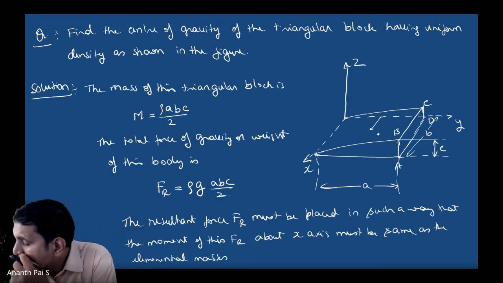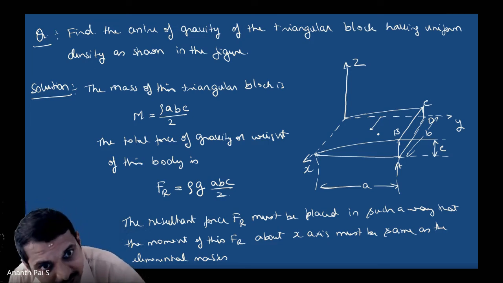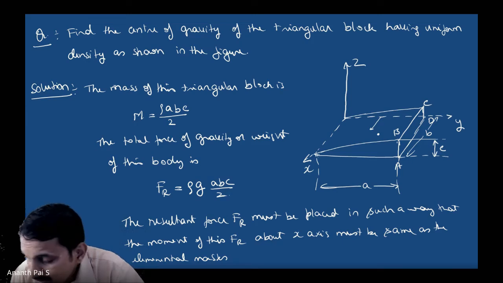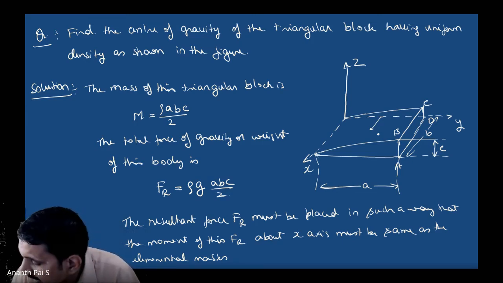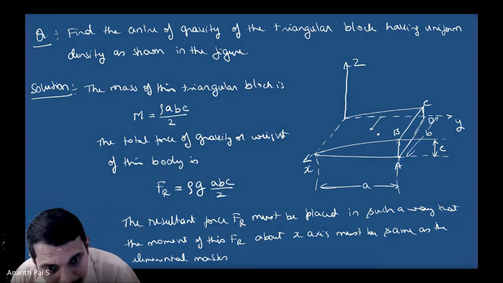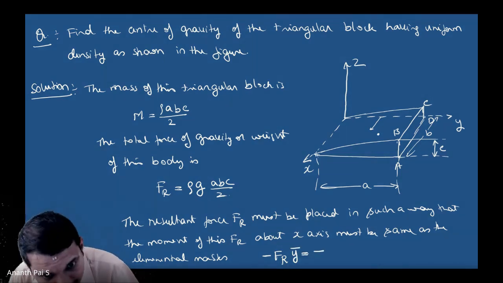Correct? So what we will write? This is going in the positive z axis, so G is in the negative z axis, so you say it is minus Fr into Y bar is equal to minus.